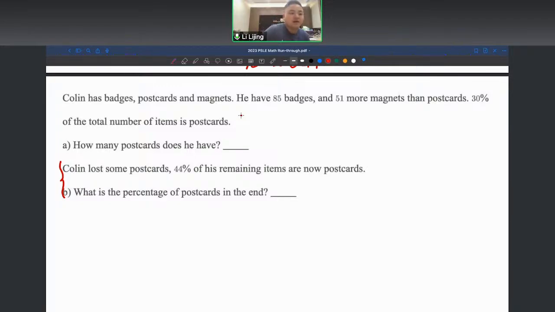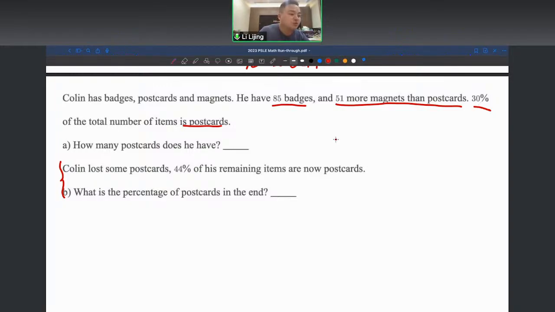Okay, part A is quite easy. Colin has some badges, postcard, and magnet. He has 85 badges and 51 more magnets than postcards. 30% of the total number is postcard. Okay, so this one, the question is different. Oh, is it? Okay, never mind.